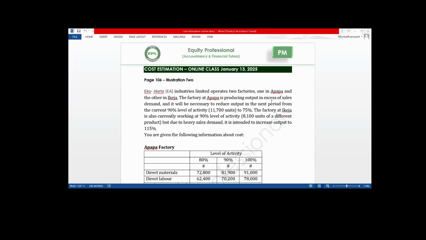All right, I'll read. Eko Akete Industries Limited operates 2 factories. One in Apapa, the other in Ikeja.